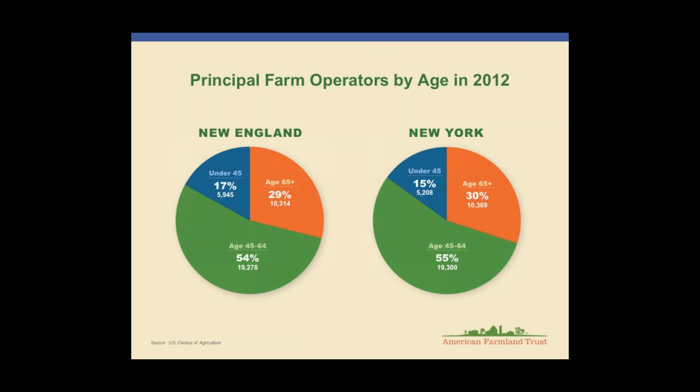So what we're focusing on in this section is the orange and the blue. The orange are the age 65 and over, which is a little less than a third in each of the geographic areas, and the under 45s. And to me, it's interesting that New York and New England have very similar age demographics in this case.